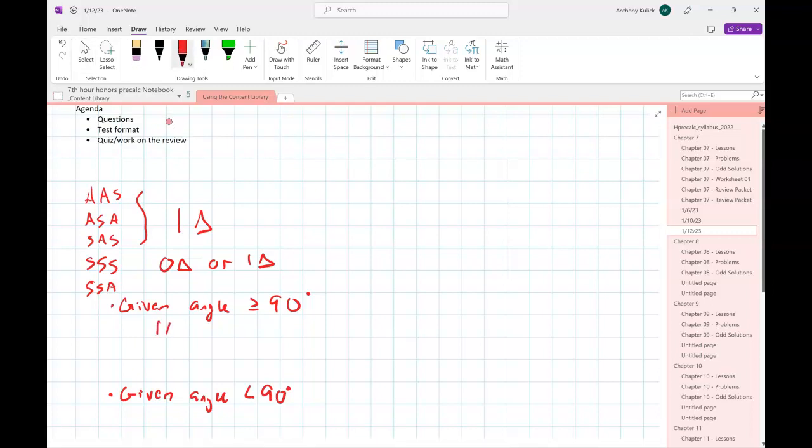You can have one triangle, or you can have 0 triangles possible. Those are the only two outcomes. If it's one triangle, the side opposite the given angle has to be greater than the other given side. Otherwise, there's 0 triangles.